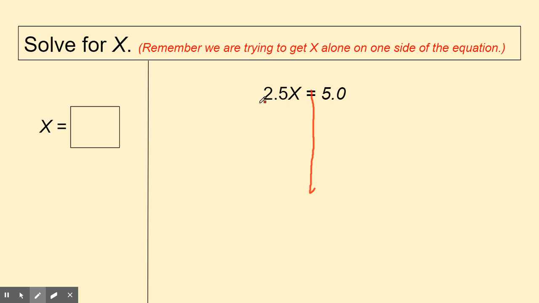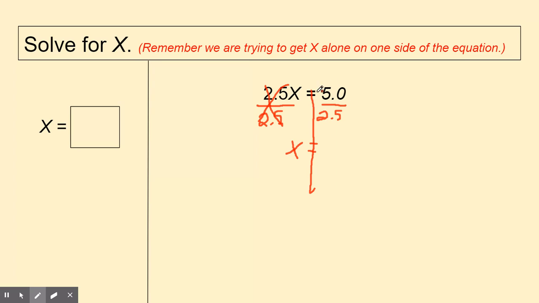So if we are multiplying 2.5, what is the opposite of multiplying? The opposite of multiplying is dividing. So if we multiplied 2.5, we're going to do the opposite. We will divide by 2.5. And we draw this little line, that is division. So we're going to divide both sides by 2.5. Those cancel each other out. Now we're just left with x on the left side.